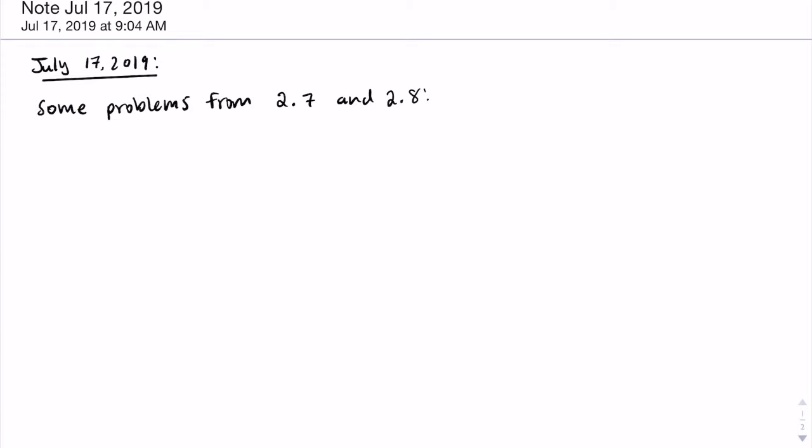Number one, say let f of x be equal to the square root of, say, 1 minus 5x plus 1 over x.